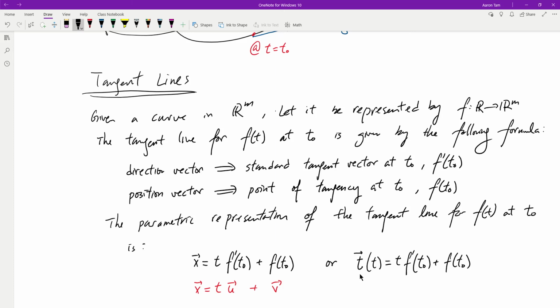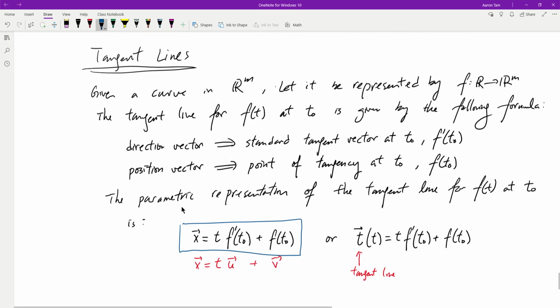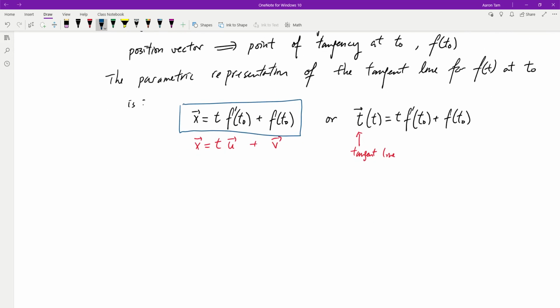Now, I don't like to use this notation as much because the vector T kind of gets confusing with the parameter t. But here, the vector T basically represents the tangent line. So I would prefer that you use the earlier formula, but I want to show you this because that's what the textbook uses, just so that you know.